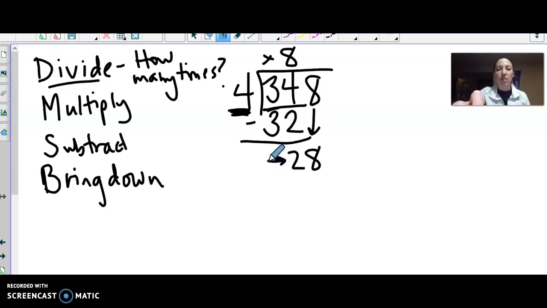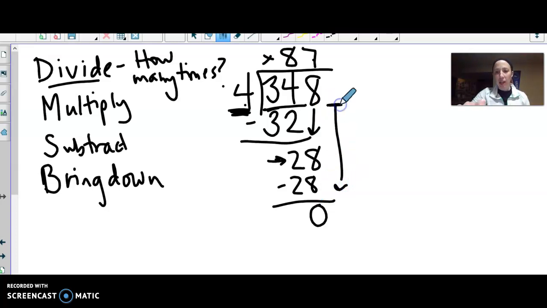Well, it goes in 7 times, because 7 times 4 is 28. And I get 0 as my remainder. If I had something else to bring down, I would, but I have no digit there, so it's just remainder 0. Or my answer is 87.